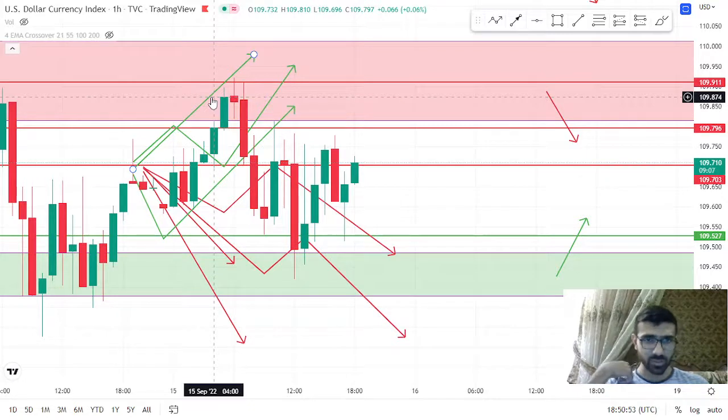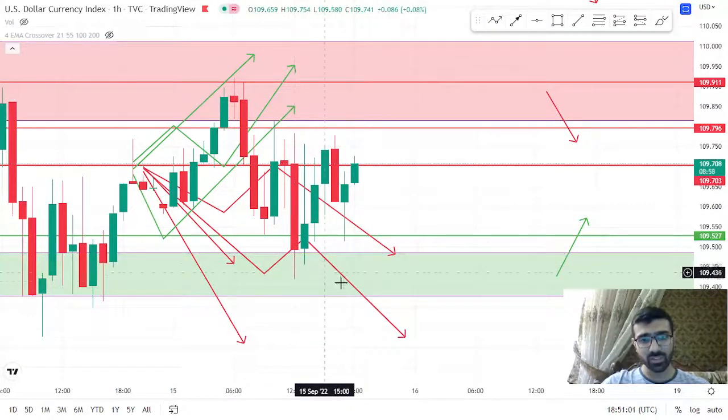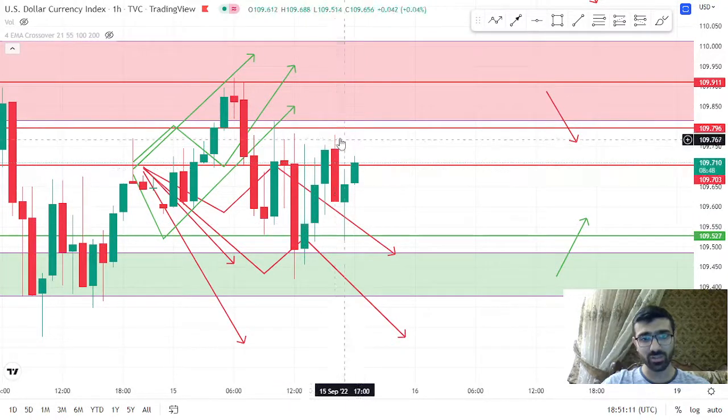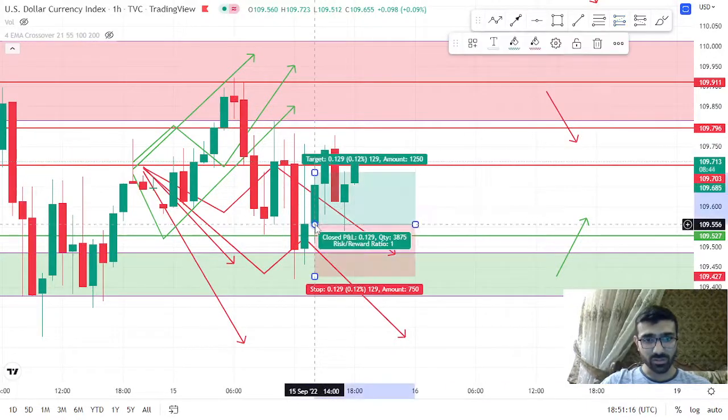Now let us also check out the buying areas. After this setup, we clearly gave you this area of buying, and you can clearly see that once the market entered this area and gave us a good buying opportunity, we would have taken a good long trade and made a good profit till here. Let me take this trade as well.